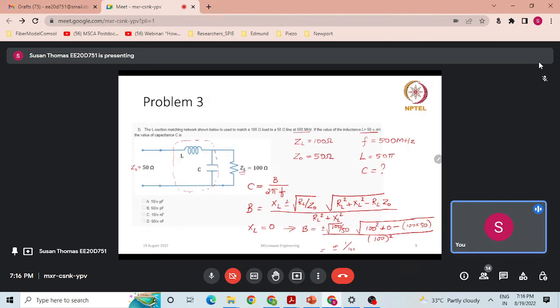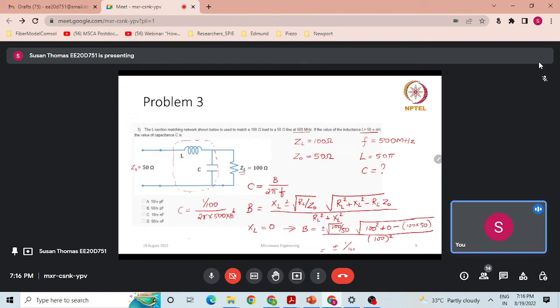Once you know the value of B, it's a simple substitution in this formula. So C is equal to B by 2 pi F, which is 1 by 100 divided by 2 pi into F, where F is 500 megahertz, so 500 into 10 power 6.